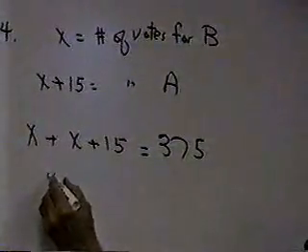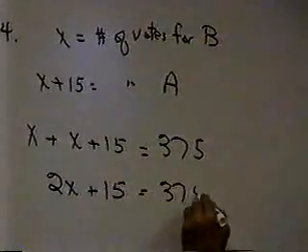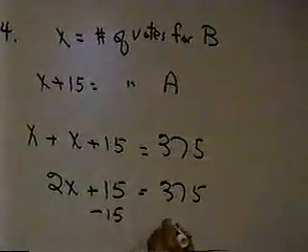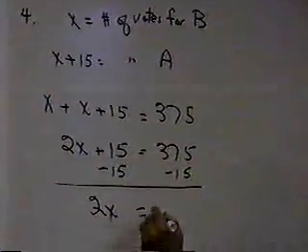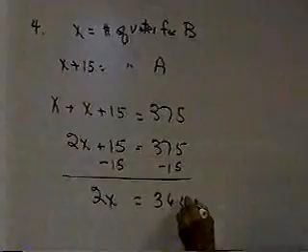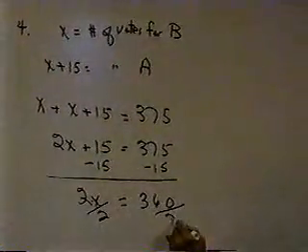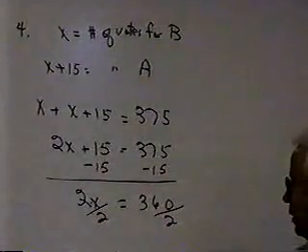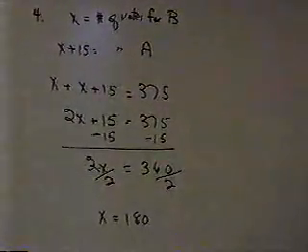All right. So combining like terms. Moving things across the equal sign by opposite operation. And it's connected by multiplication, therefore we divide. So we get 180 for an answer.